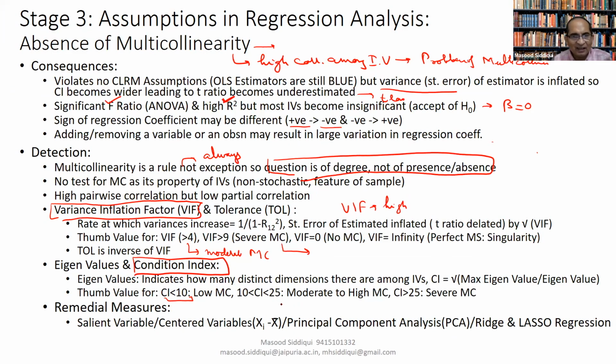But if condition indices are between 10 and 25, we can say moderate multicollinearity. But if condition indices are greater than 25, we have severe multicollinearity. Some researchers also suggest that if condition indices are below 15, then they can be taken as acceptable and so on. So let us check the values of condition indices also.